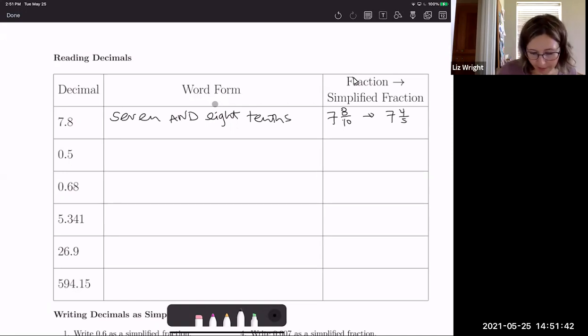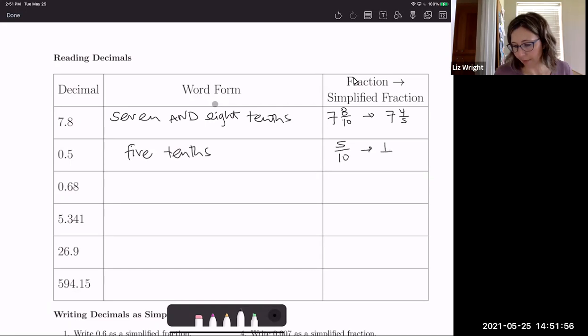0.5 is going to be 5/10. How many tenths do we have? We have 5 of them. So 5/10 is going to be 1/2. And then we've got 68 hundredths.